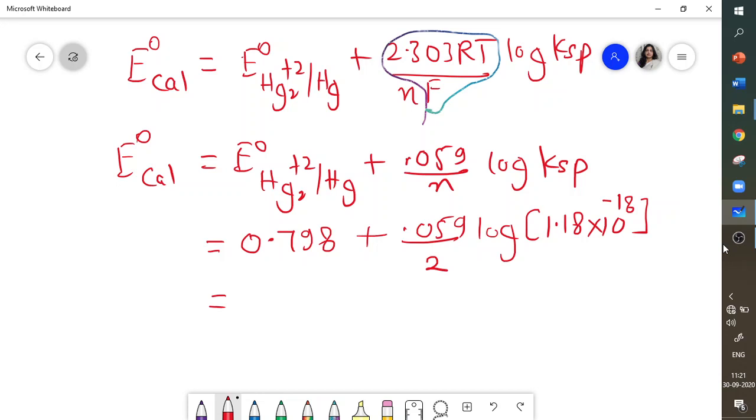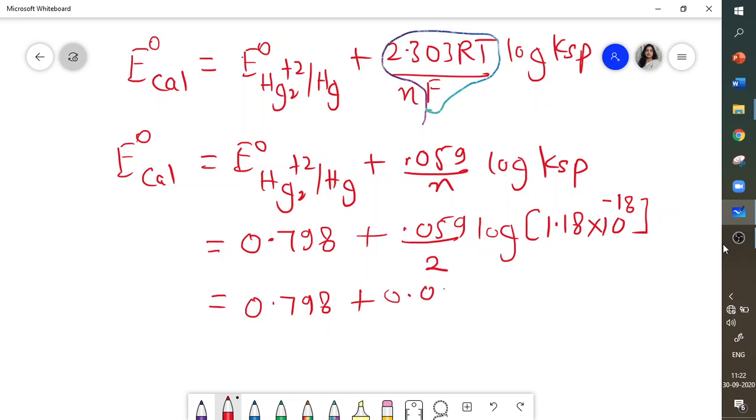We are doing some approximation so that the calculation becomes easy. You can write 0.8 if you want to, and I am writing 0.059 as 0.06, and 0.798 as 0.8.